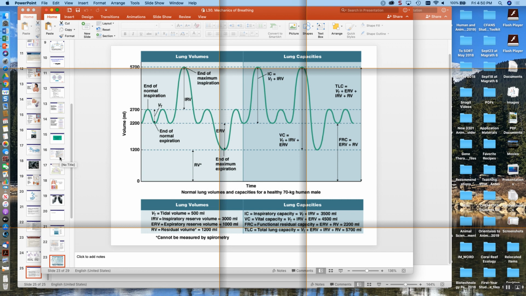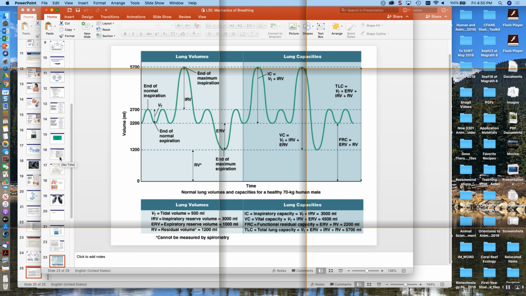Vital capacity is everything that you can measure with a spirometer. A spirometer is an apparatus that allows you to measure the lung volumes. Residual volume is the only volume you cannot measure with a spirometer. Okay? So the vital capacity is going to be the inspiratory reserve volume, the tidal volume, plus the expiratory reserve volume.